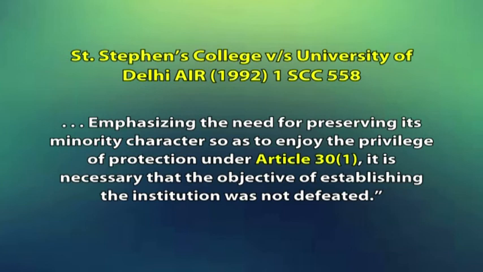Emphasizing the need for preserving its minority character so as to enjoy the privilege of protection under Article 30, Clause 1, it is necessary that the objective of establishing the institution was not defeated. Quote end.